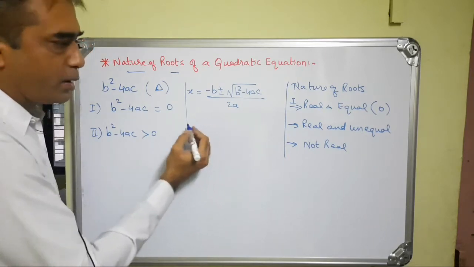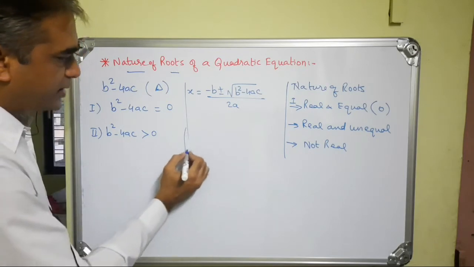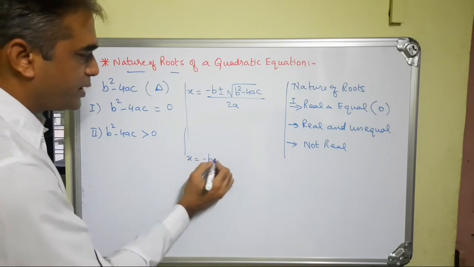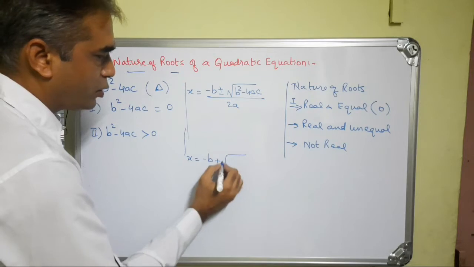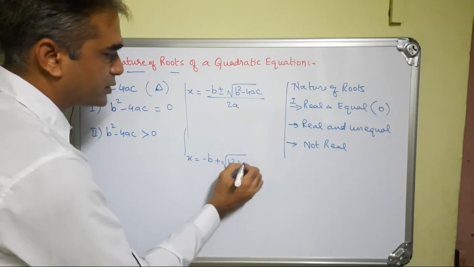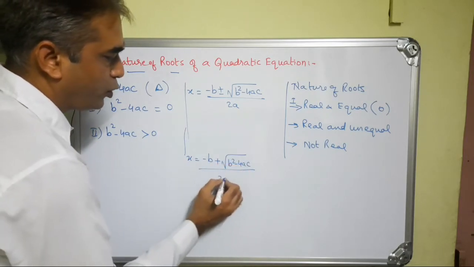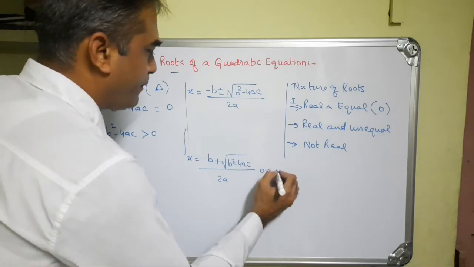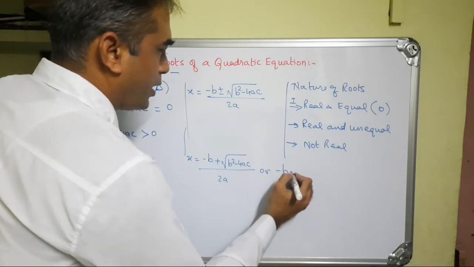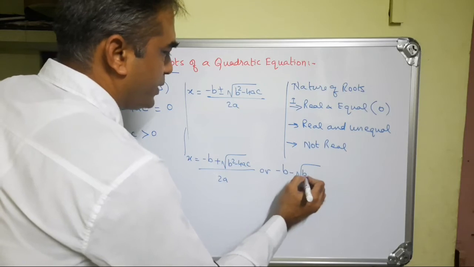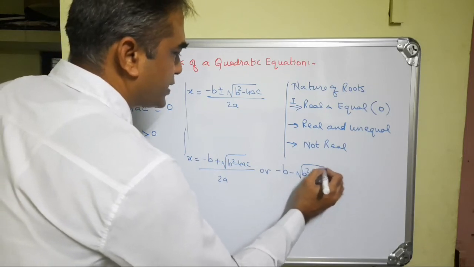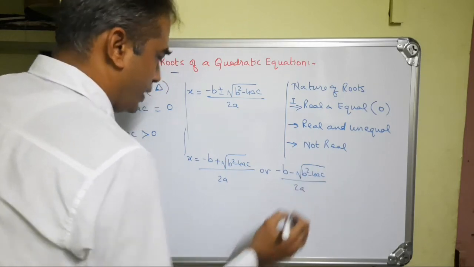If this value is greater than 0, then there will be two roots: x equals minus b plus root of b square minus 4ac upon 2a, or minus b minus root of b square minus 4ac upon 2a.